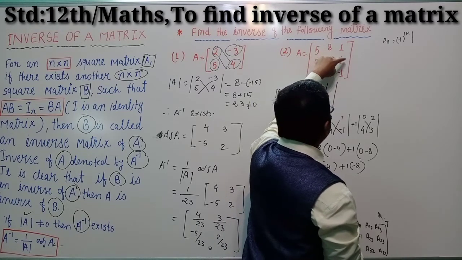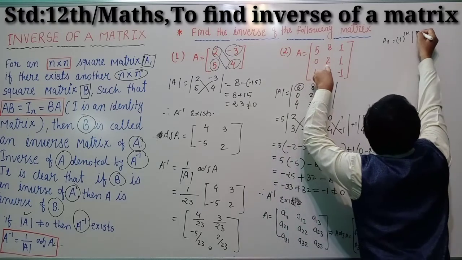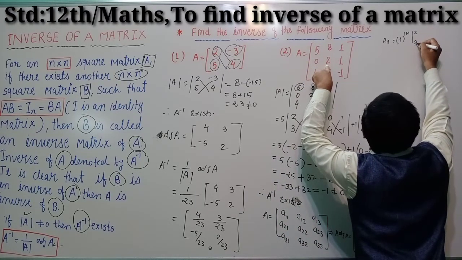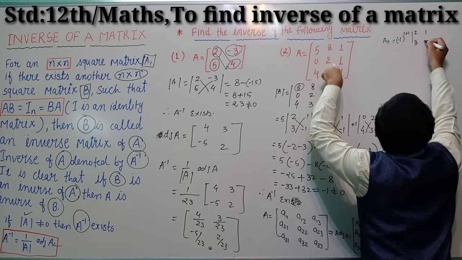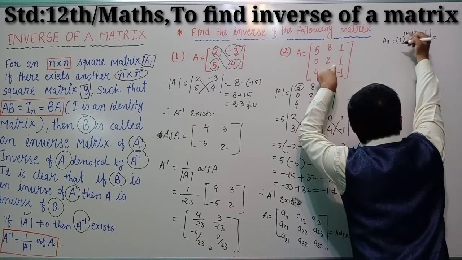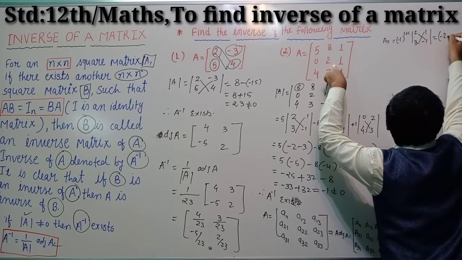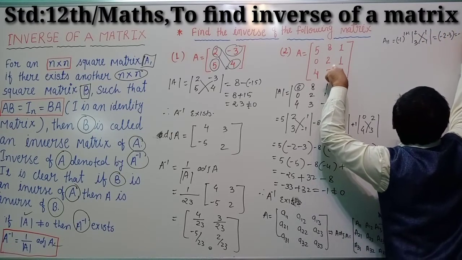You will write these elements, 2, 3, 1, minus 1. Minus 1 to the power 2 means plus 1, cross multiplication, minus 2 minus 3. So you are getting minus 5.